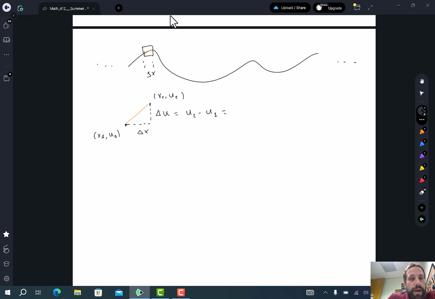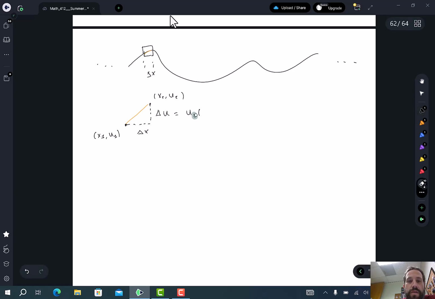We're about to do an approximation. There are two ways to do it. First, it's not going to be an approximation; it's going to be exact, so maybe I should be more precise. u2 is u evaluated at x2 for some fixed time, and u1 is u evaluated at x1 for that same fixed time.